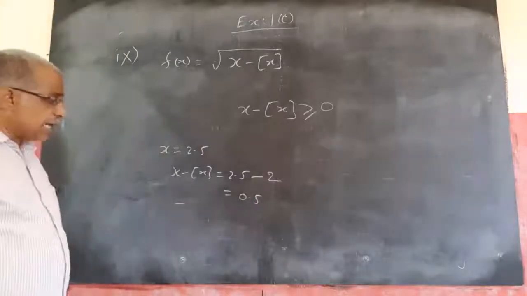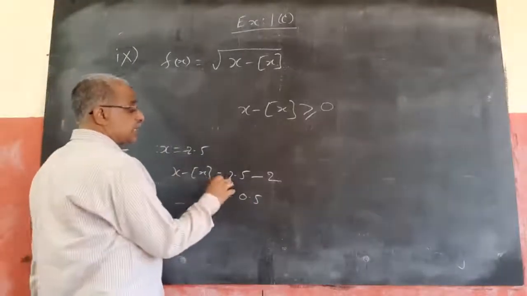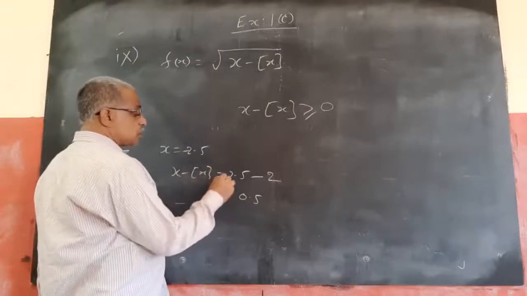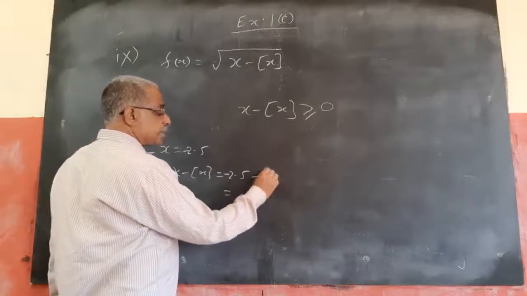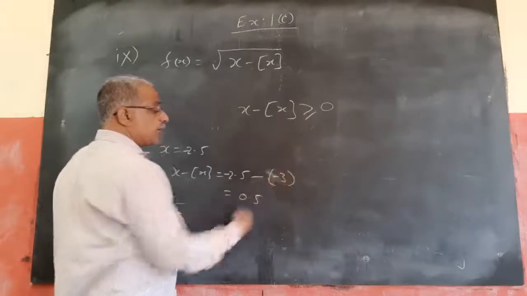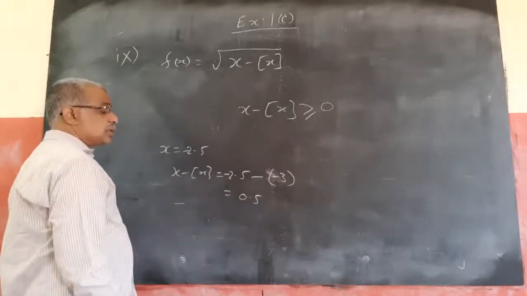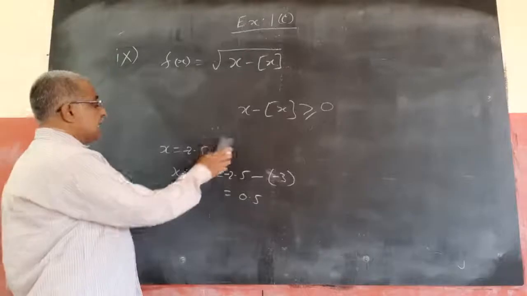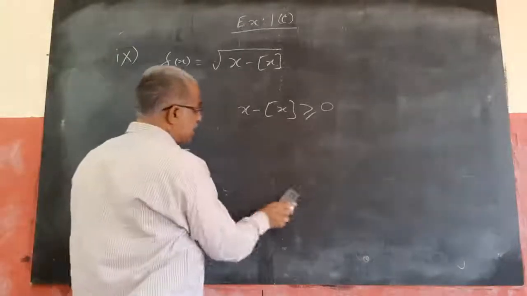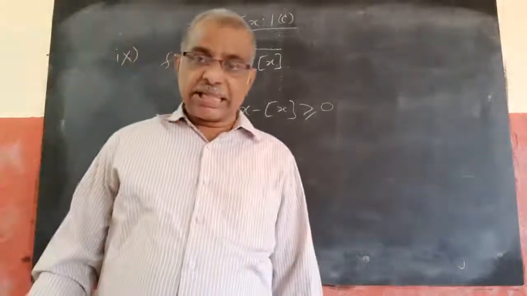If I take minus 2.5, step of minus 2.5 is minus 3, so it becomes minus 2.5 minus minus 3, which is also 0.5. So we know that x minus step x is always greater than or equal to 0, and it is called the fractional part of x.